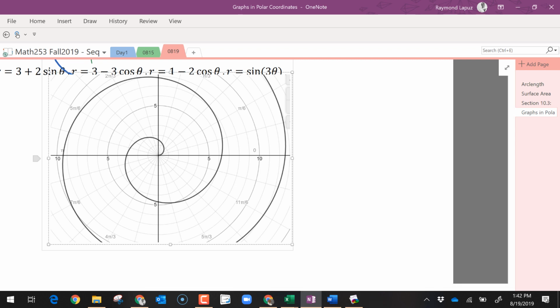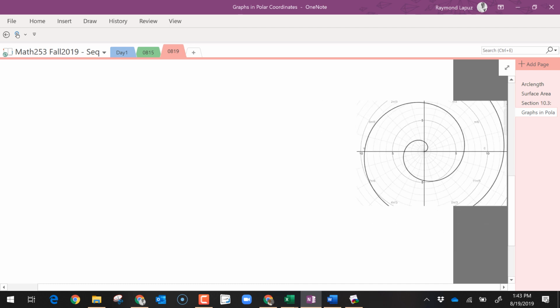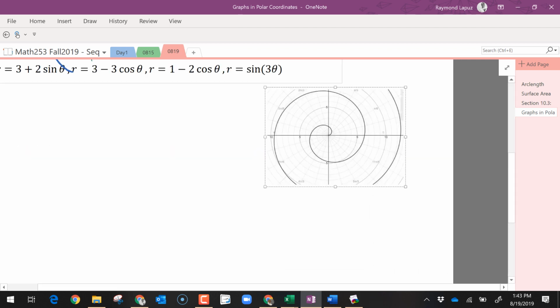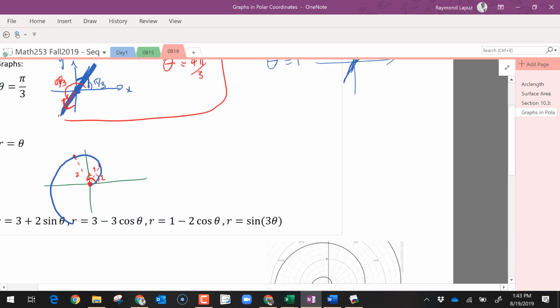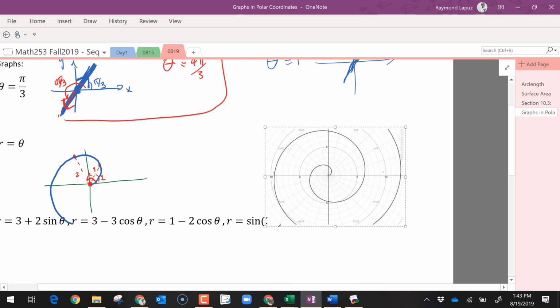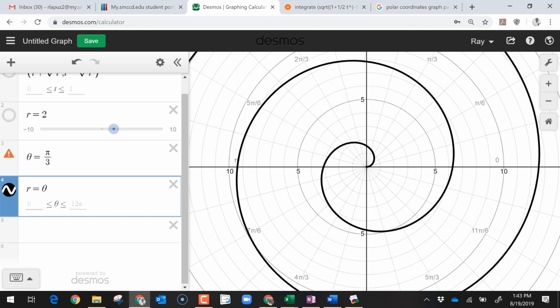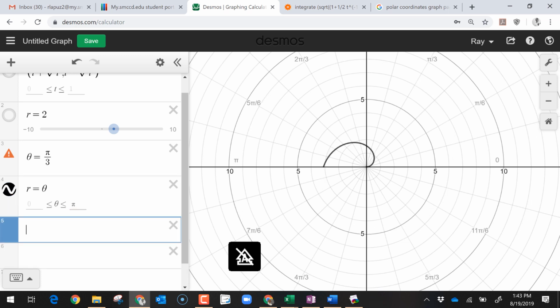So let me get this inserted in our notes first. So if we take a look at our Desmos, and then instead of going from 0 to 2 pi or 12 pi, let's go from 0 to pi, just to see how it looks, right?